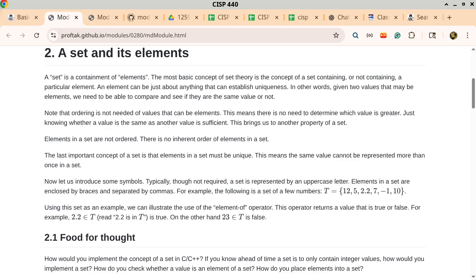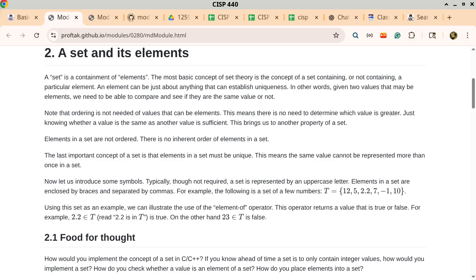All right, so given that T is defined like this, then we can use this operator here to say, is something an element of a set or not? So this is called element of, okay, as an operator. You can also use, simply, in as the name of the operator.